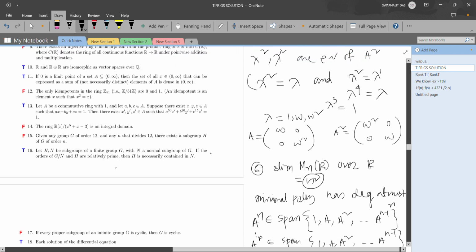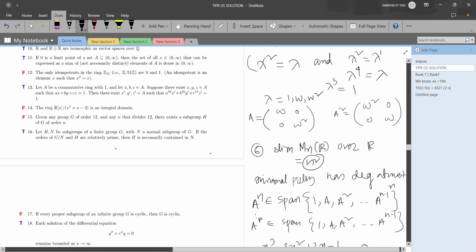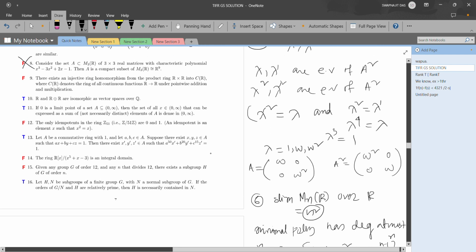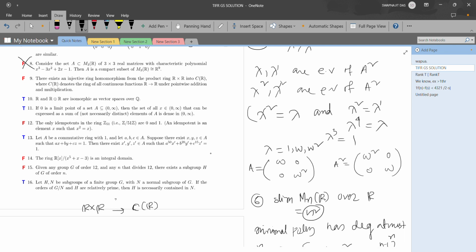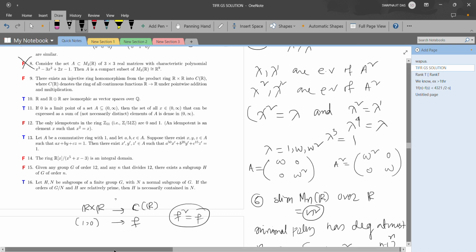Okay. So there exists an injective ring homomorphism from a product ring to CR, the set of all continuous functions. Say the product ring R cross R to CR, right? Take (1, 0).